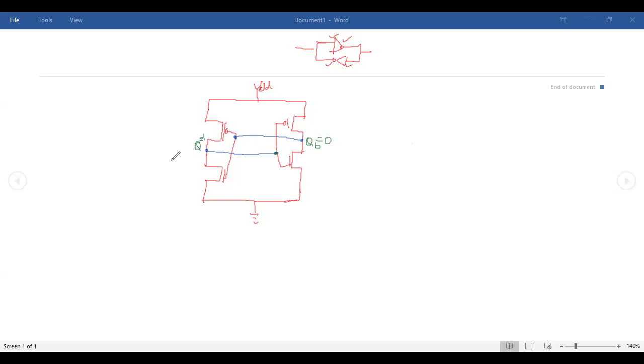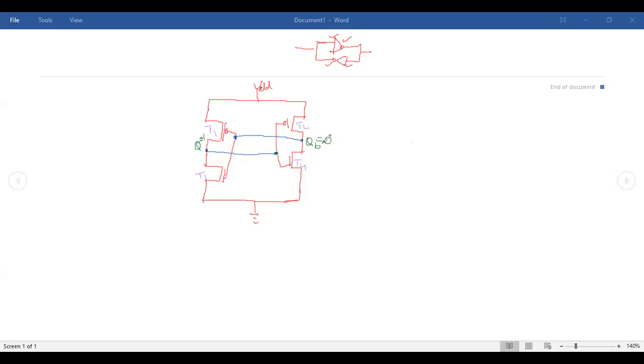Can anyone tell me, if I name these transistors, let us name these transistors. This transistor is T1, this is T2, this is T3, and this is T4. Given the present set of data, Q is equal to 1, QB is equal to 0, which transistors will leak the current?